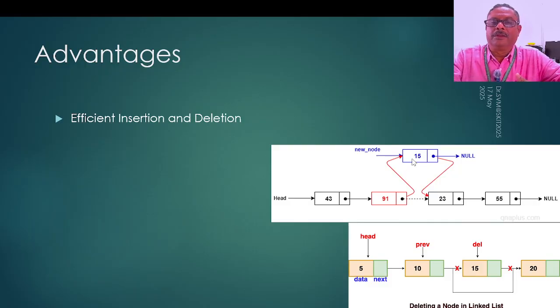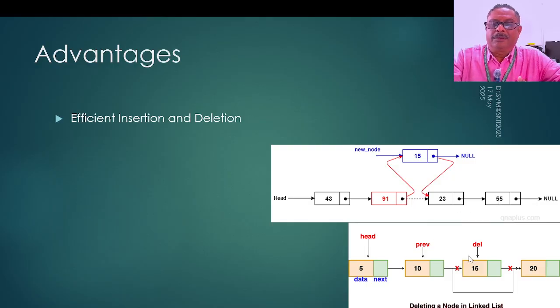That means the new node created, if we call its address here, then after 91 it goes to this new node. So now after inserting a new node, the data we read is 43, 91, 15, 23, and 55. And because it's null here, that's the end of it. So we'll have 5 elements in the list. Before inserting this, there were only 4 elements, 43, 91, 23, and 55.